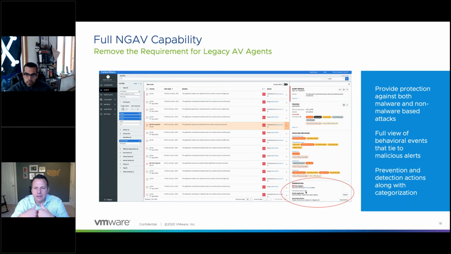So like I mentioned, anytime you flip the switch inside of vCenter to turn on workload security, or anytime you deploy this in a public cloud environment, you're getting all of this rich threat activity, remediation, and prevention policy that's backed by NGAV and EDR.